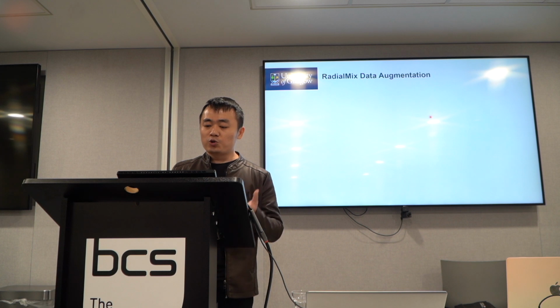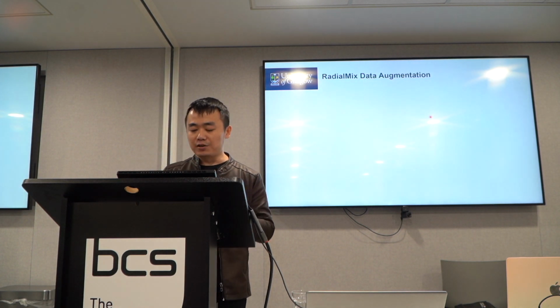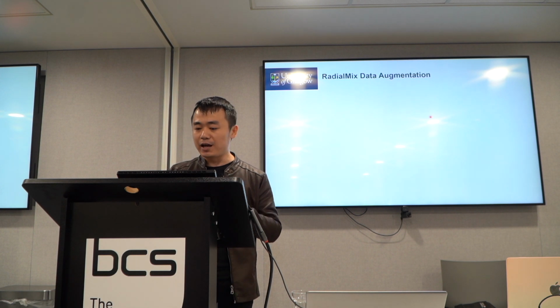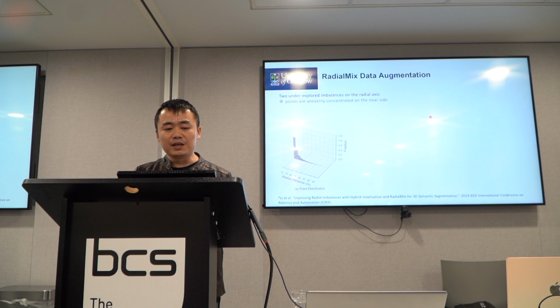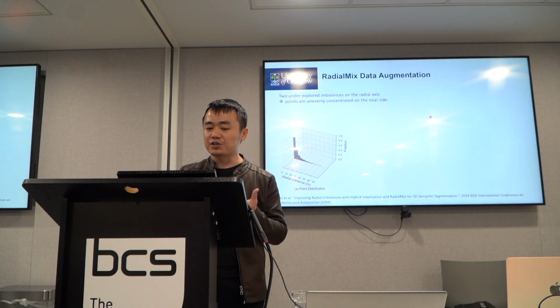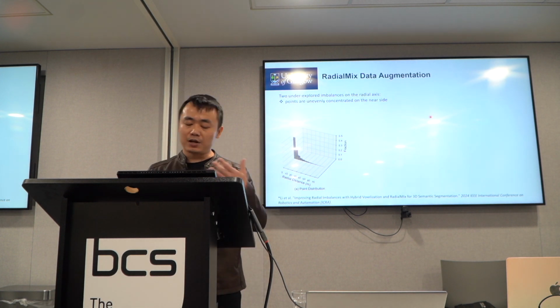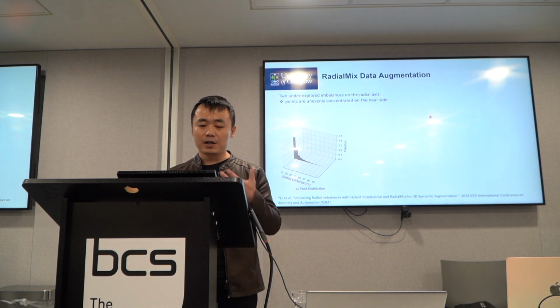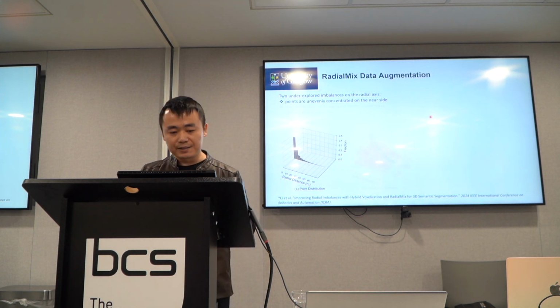And there are also two underexploited imbalances on the radial axis in the point cloud coordinate system. First, the points are unevenly concentrated on the near side, because of the mechanism of the LiDAR sensor capturing the point cloud data.